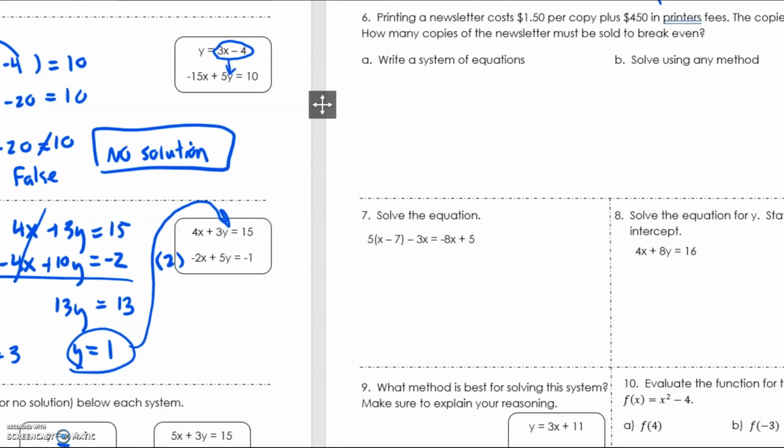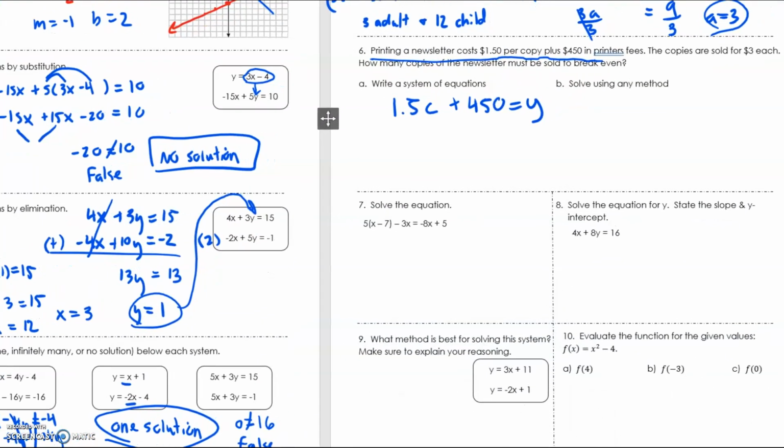The first equation represents this option: $1.50 per copy plus the $4.50 printer fees is equal to my total cost. Normally I would represent that with a C, but I already have C in there, so I'm just going to use Y, and Y represents my total cost.